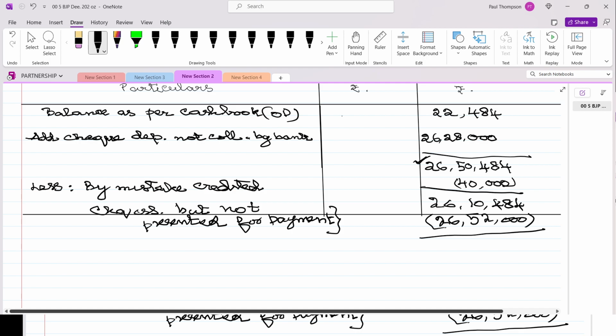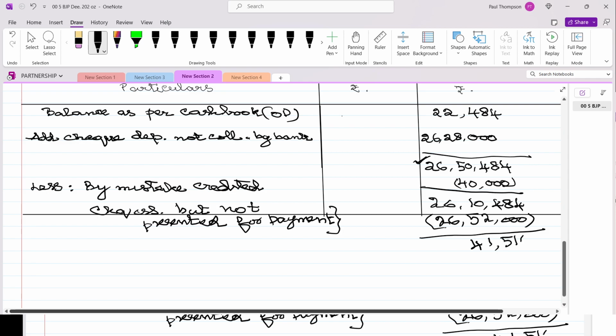26,52,000, it is shown here in the bracket, means it is not our loan. Okay, loan is only 26,10,484. So the amount remaining is our favorable balance, that is 41,516.